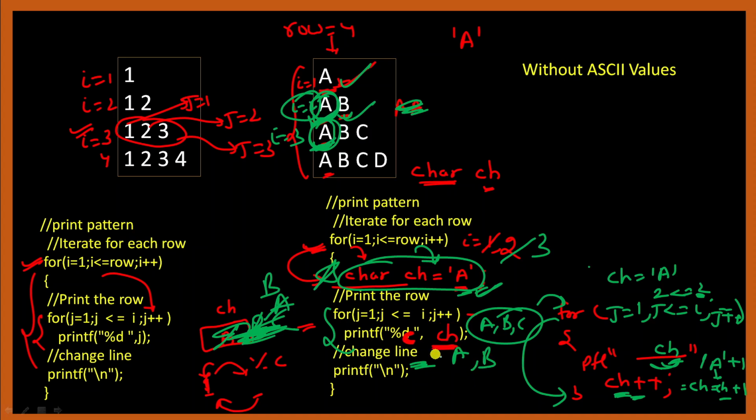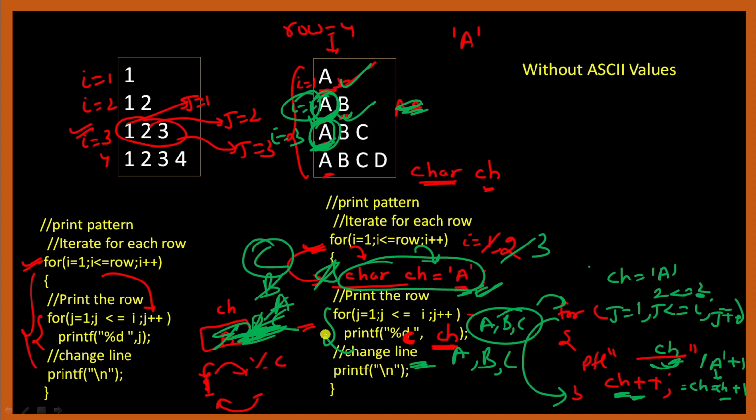Then we will do ch plus plus, that is c. Next time we will print ch, which now contains c, so c will be printed, and so on. Then the same way it will run for i equal to 4.